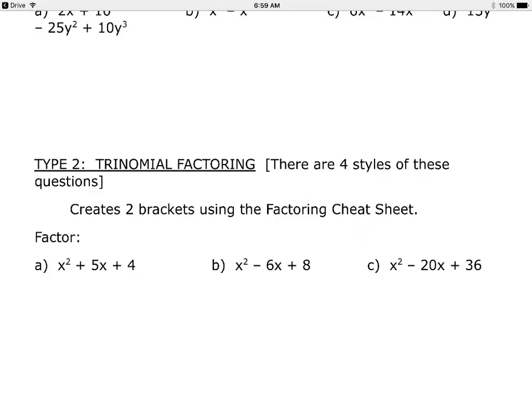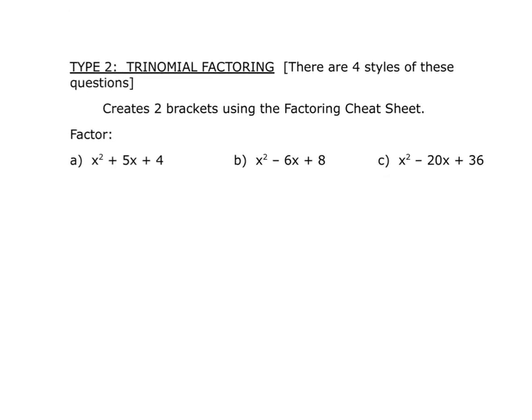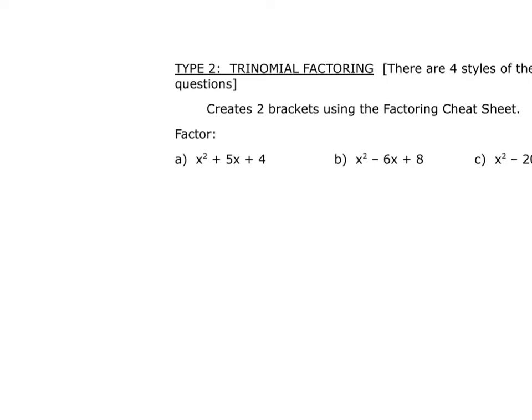Second one is what we call trinomial factoring or simple trinomial factoring. And there are 4 styles of these questions, which we will go over. But most of you will remember the first style. Remember how I label? If I was to label standard form, it'd be ax squared plus bx plus c.